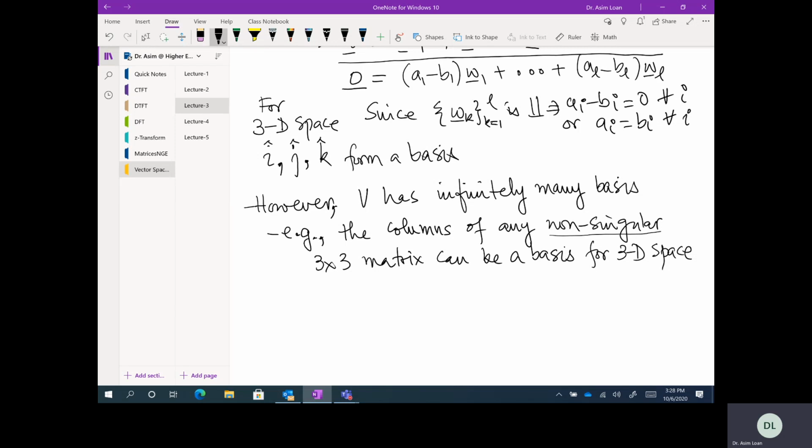Non-singular means columns are independent. Since these are independent, they can always span the space.